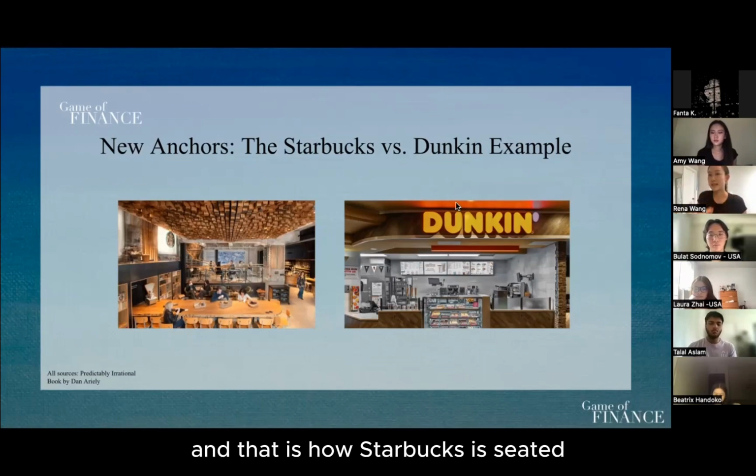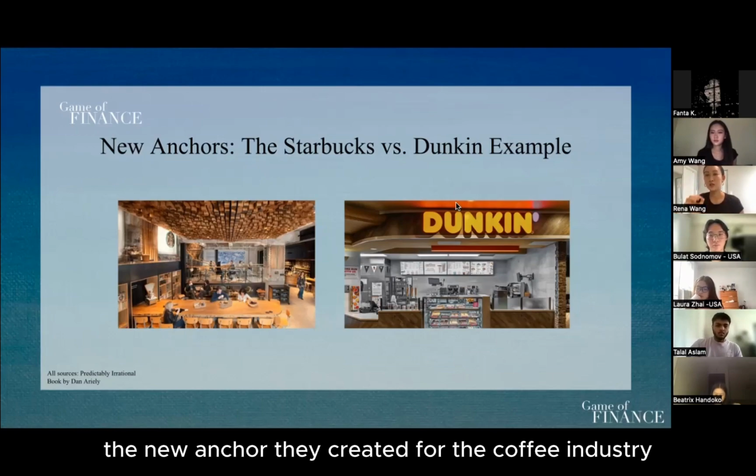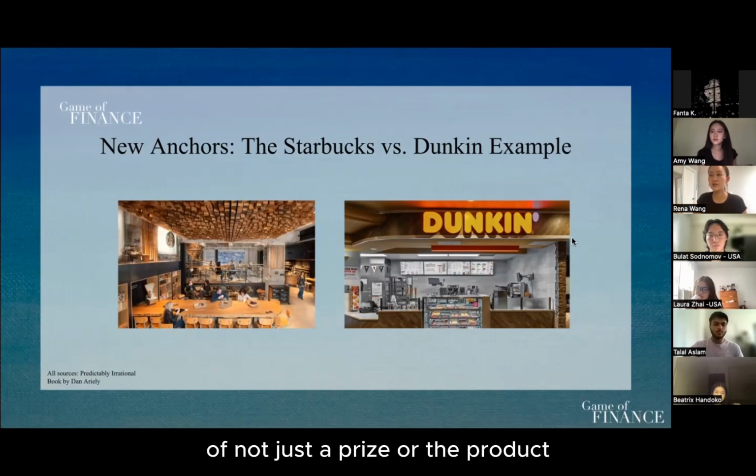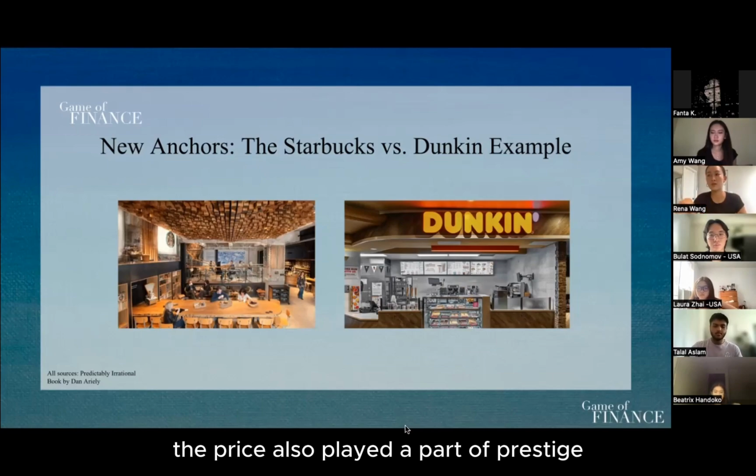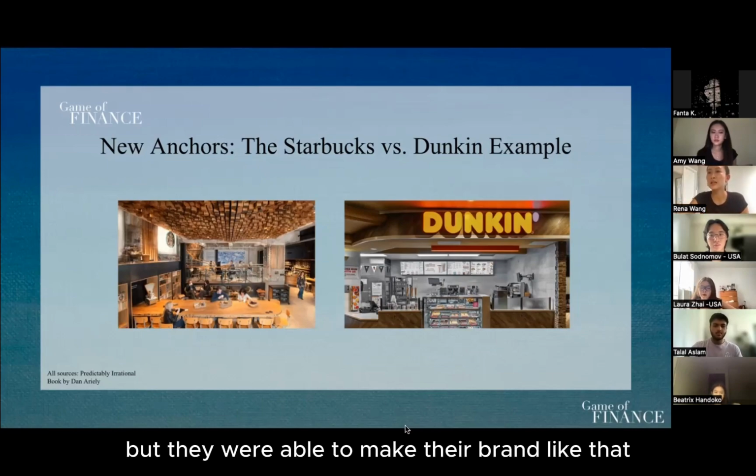And that is how Starbucks succeeded. The new anchor they created for the coffee industry was not just the price or the product, but the overall experience. And you guys were right on that. We have the prestige, the customization, the name, the aesthetic, the environment, and the price also plays a part in prestige. But they were able to make their brand like that.